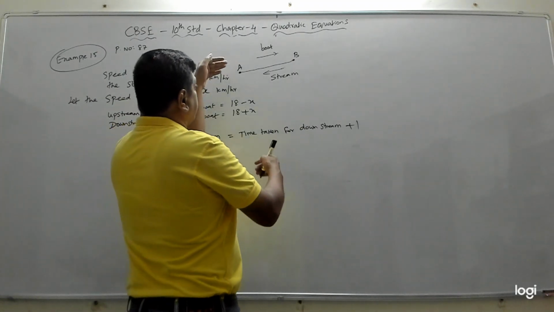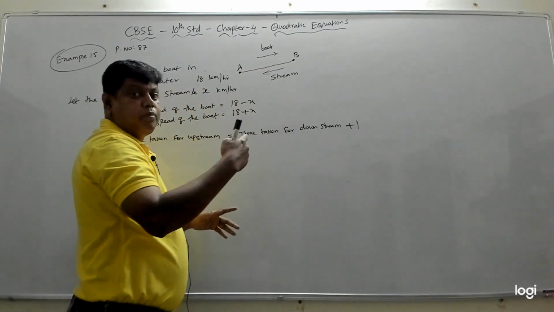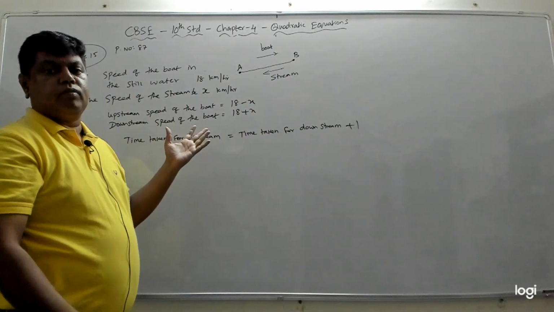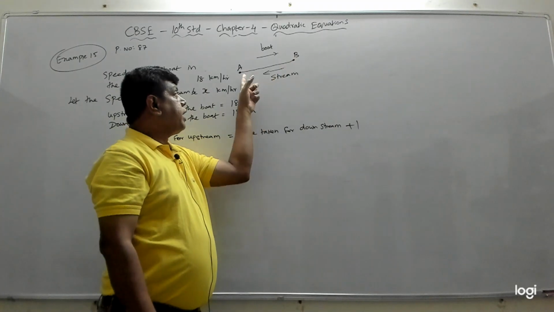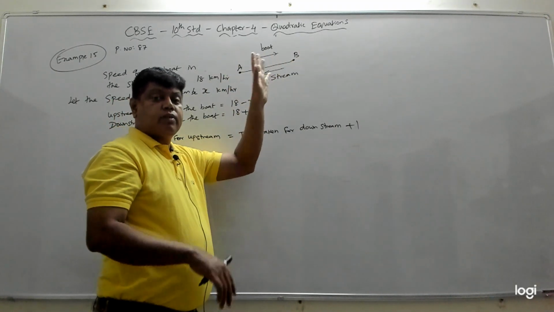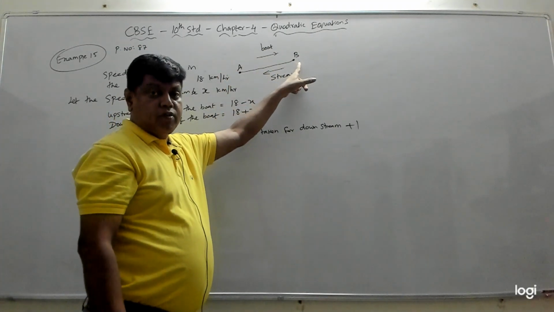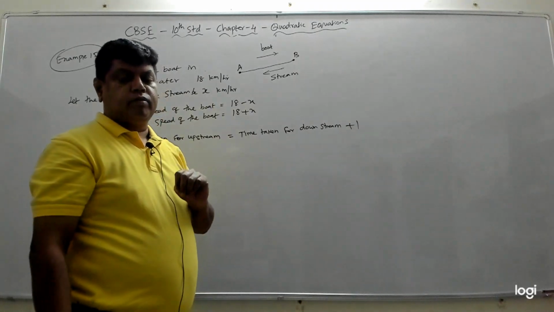For example, if downstream it takes 4 hours, upstream it will take 1 hour more, which means 5 hours. So from A to B it takes 5 hours, and from B to A it took only 4 hours.